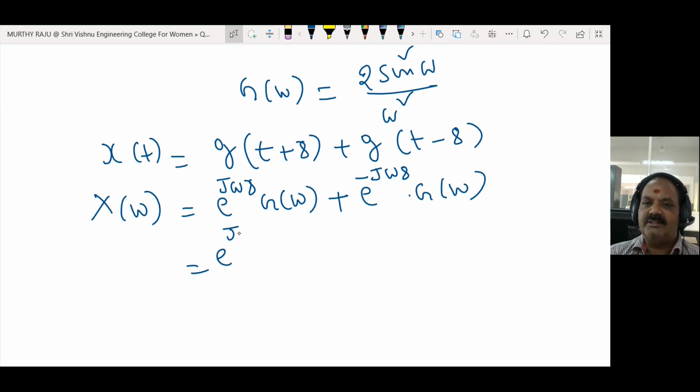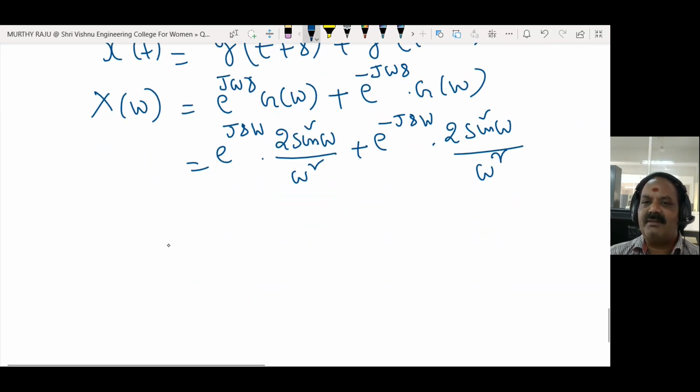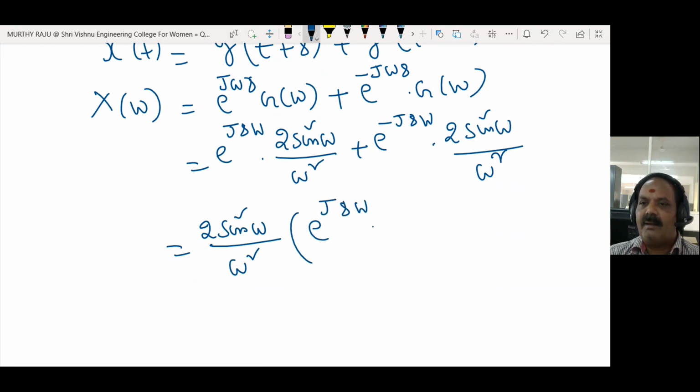Substitute G of omega in that expression: e power j omega into G of omega, which is 2 sine square omega by omega square, plus e power minus j omega. G of omega is equal to 2 sine square omega by omega square. The common term is 2 sine square omega by omega square into e power j omega plus e power minus j omega.